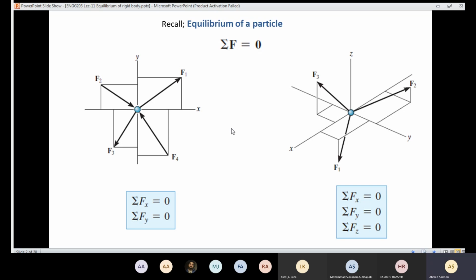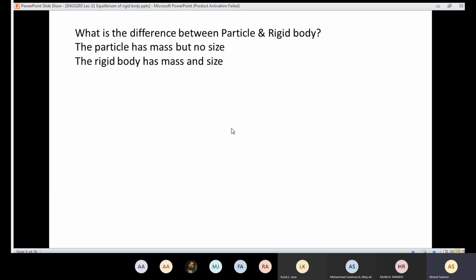But now we need to know the conditions for equilibrium of a rigid body. So in the first lecture, we discussed the difference between a particle and a rigid body. We said that the particle has a mass, but no size.